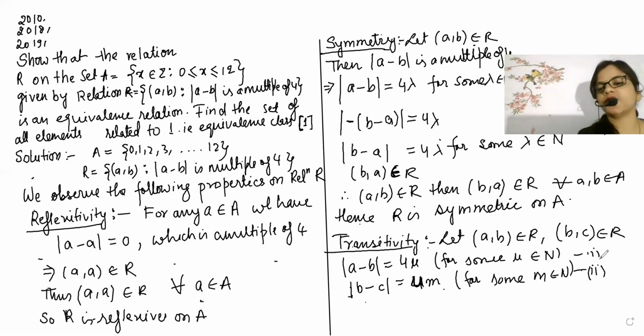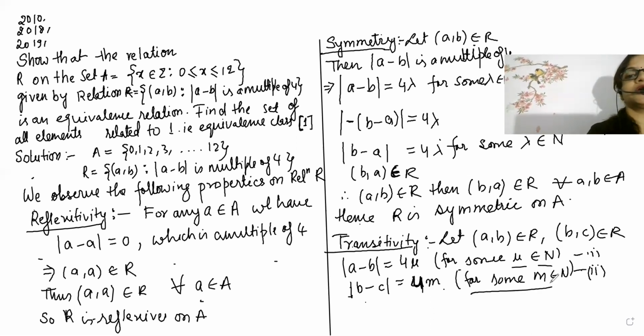One is the modulus of a minus b equal to 4 mu, and the other is the modulus of b minus c equal to 4m, for some mu belonging to N and m belonging to N. Now how do we convert it into transitivity form? See this format. We will create some space for this.